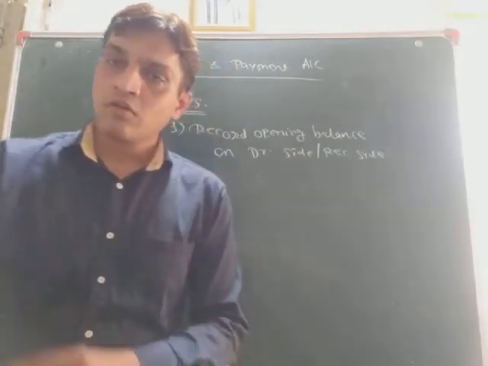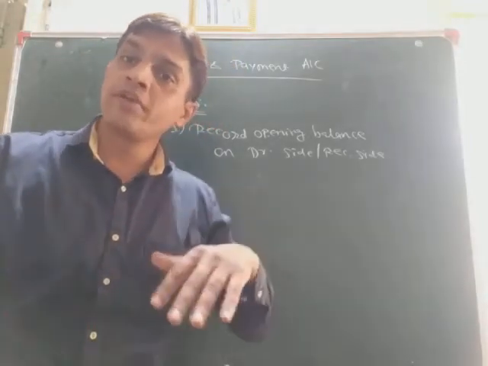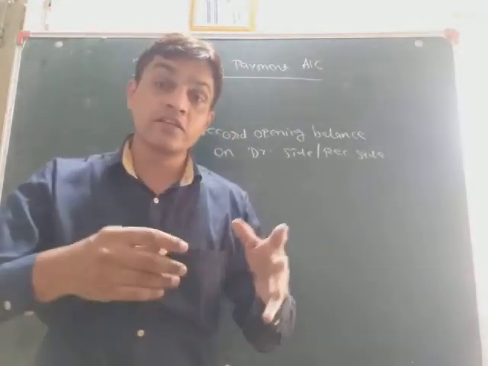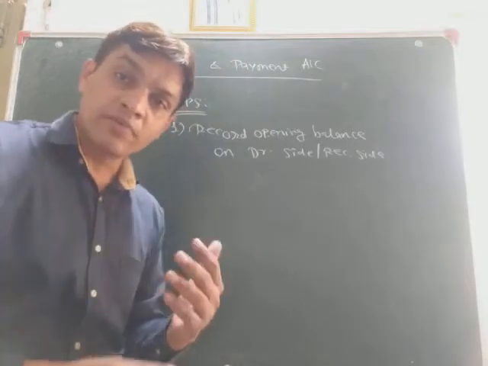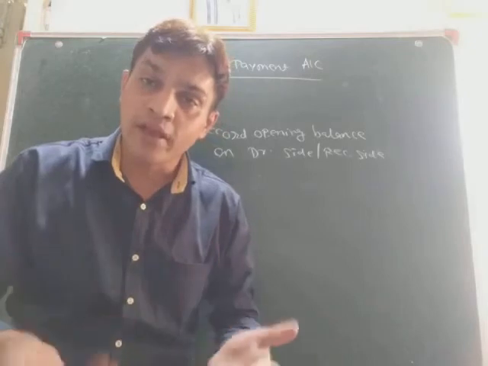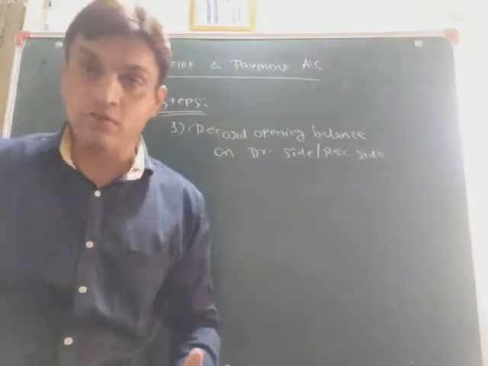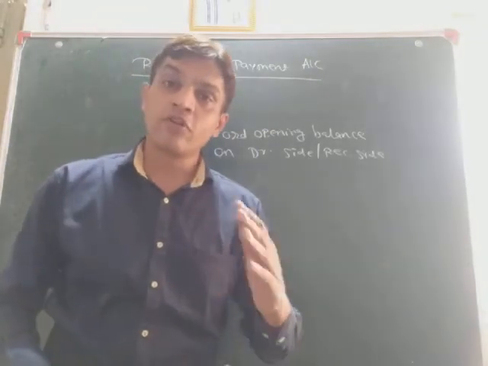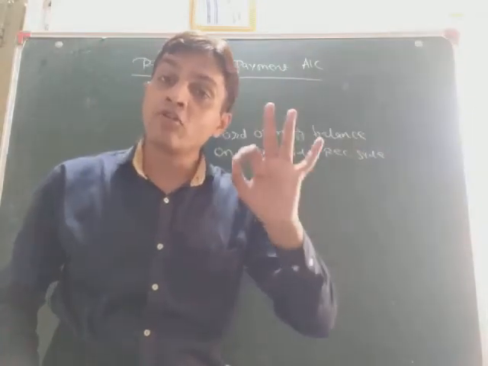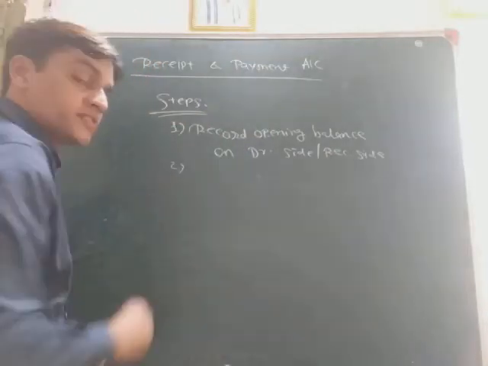The opening balance should be recorded on the receipt side, and this opening balance would be cash in hand or cash at bank. Or if there is a bank overdraft as an opening balance, then we have to record it on the other side, the payment side.